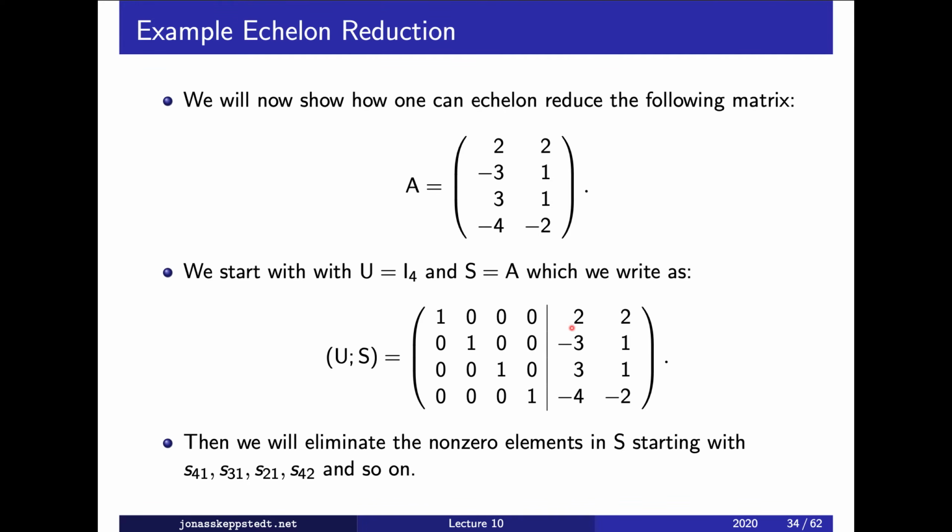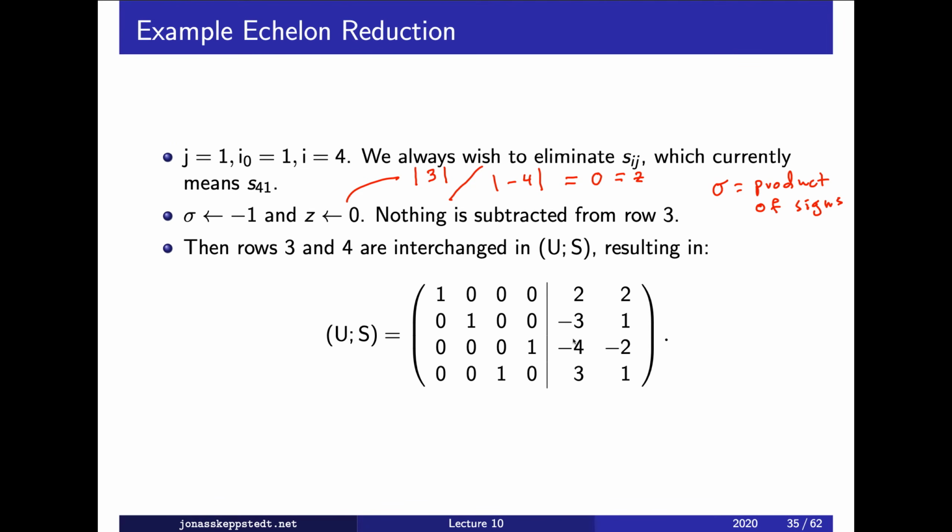And as we can see, the first thing is that we don't subtract anything, so Z is 0, and then we interchange rows 3 and 4. We do that on both sides. This row is the one we are interested in, but we have to do the same operation on the left side, so that we always have U times A is equal to S.